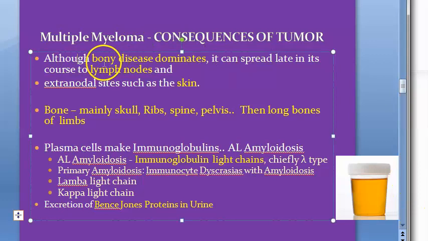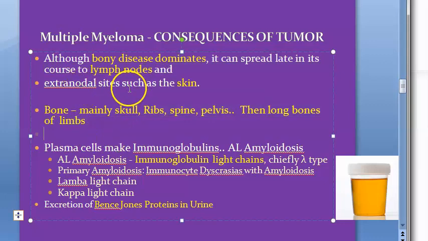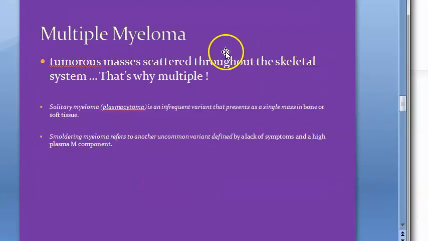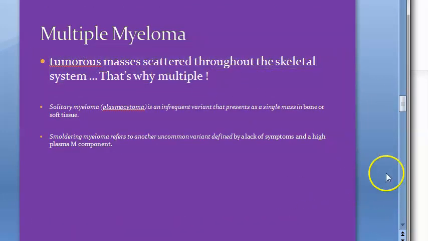What are the consequences? Because of bone involvement, there will be pathological fractures, and amyloidosis will be there. Bence-Jones protein excretion in urine will happen. Then in the skeletal system, lesions will be scattered in a lot of places.